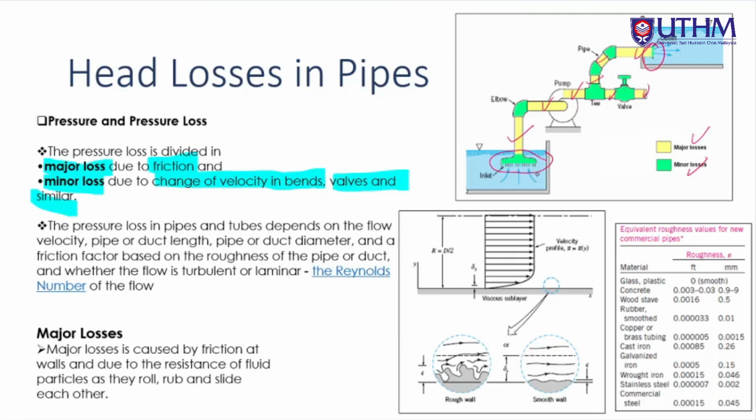Bentuk exit, bentuk entrance ni adalah dia punya orientation lah of the pipe. Dia akan effect dekat dia punya losses. And then if let's say ada elbow, ada T, ada bentuk-bentuk berbeza, lepas tu dia ada valve, yang ni semua contribute to minor losses. So make sure you guys dapat bezakan mana minor, mana major.